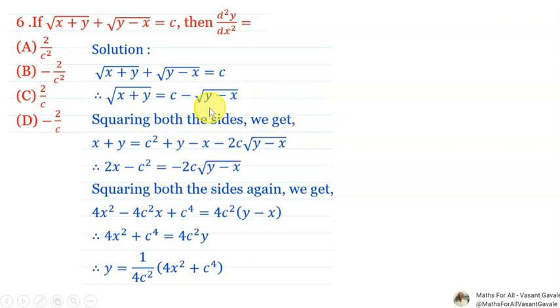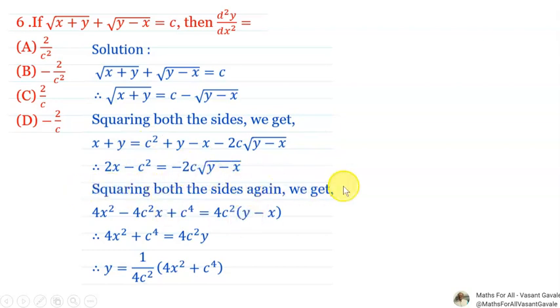c square plus, okay, square terms इथे plus y minus x minus 2 times c root of y minus x. Okay, आता दोन्ही साइडला इथे y कट होणार, हा मायनस x इकडे आल्यानंतर तो प्लस होणार, that is 2x minus c square minus 2c root of y minus x.